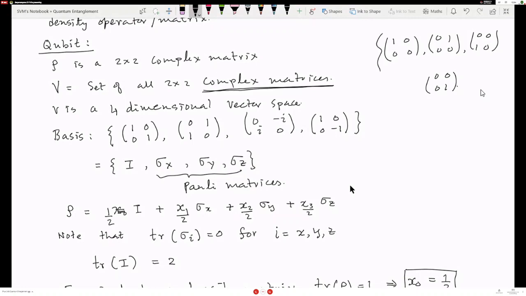So I used this basis. Okay, this is another basis, right? Now the point is, if you use this basis, then your coefficients have to be complex numbers. But if you use this basis, you can actually get a very complex matrix with real coefficients, because there is one complex matrix sitting here.